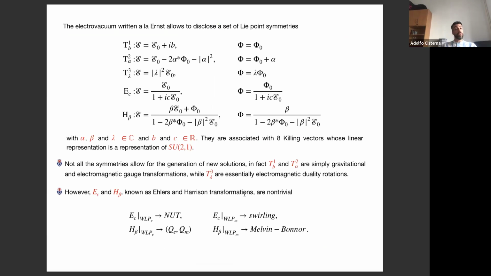Depending on which you are using, you get different effects. For example, Ehlers in the electric one introduces the NUT parameter, but Ehlers on the magnetic one deals with the swirling universe. Harrison in the electric provides electromagnetic charges, monopolic ones, and Harrison in the magnetic one produces background electromagnetic fields.